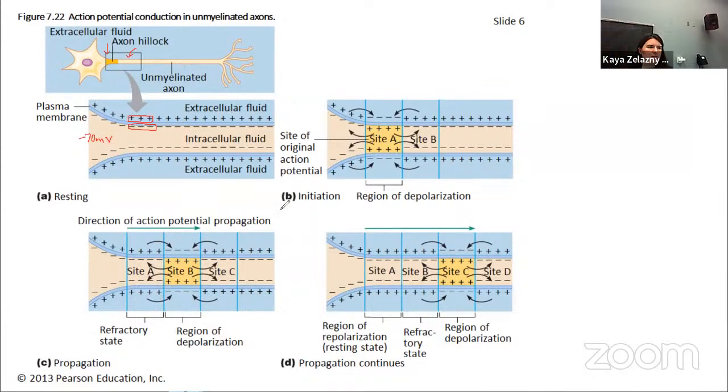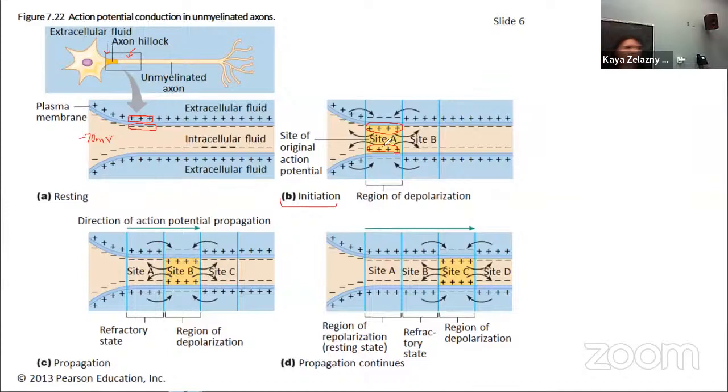That's what we see here in part B. In part B, we're looking at site A, and we can see now that the positive charges, our sodium ions, are inside this little segment of the neuron. So that is our depolarization. That's the peak of the action potential happening here.